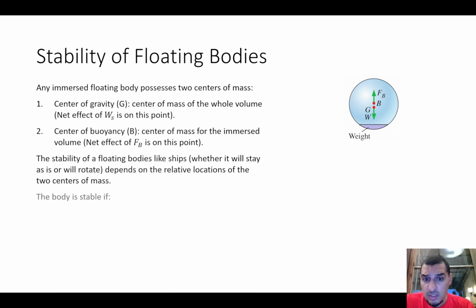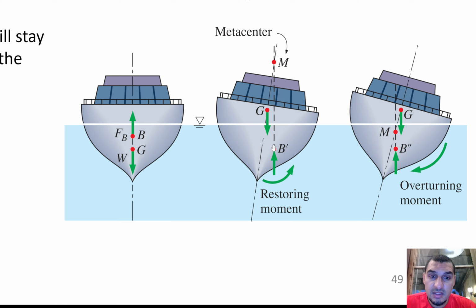From the relative positions of the two points, we can find that there is a moment generated because the two points are not on the same line. The gravitational force is acting downward at this point, and the buoyant force is acting upward at this point. So the net moment is going to be in the direction of restoring the ship, and this is called a stable state of the ship.